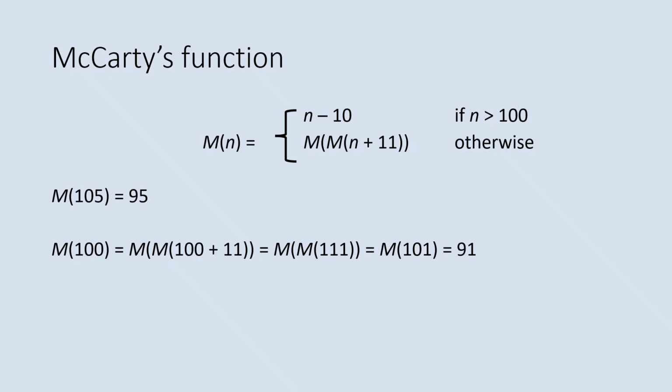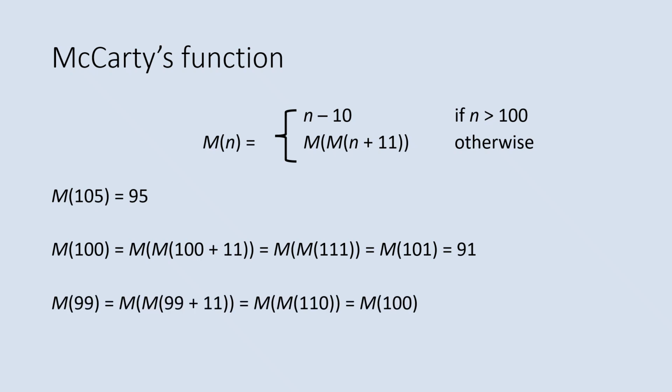And if you think about what happens, we are calculating, and then we say, oh, I have to calculate something else, oh, I have to calculate something else, and eventually get to a point where we can get the final number and get that value back. If we went to 99, M of 99 is M of M of 99 plus 11, which is M of 110.